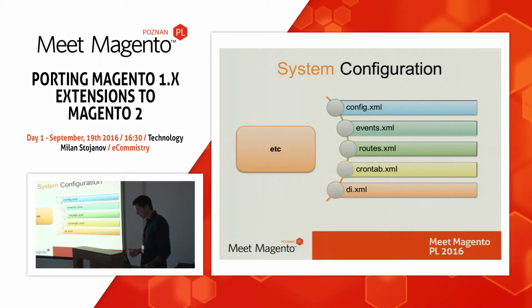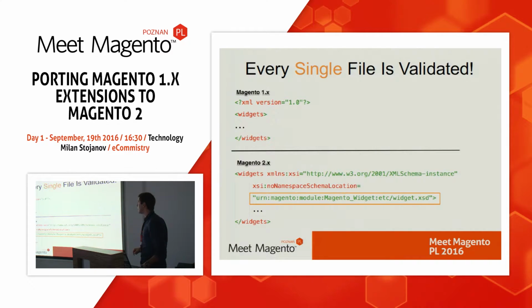There's also one very good improvement about XML files. If you remember back in the days when your extension didn't work, so you needed to spend many hours trying to debug the typo that you made in your XML files, well, that cannot happen anymore because of this.